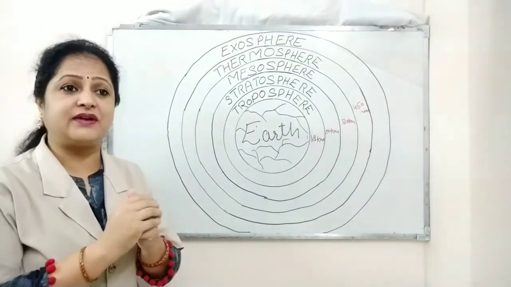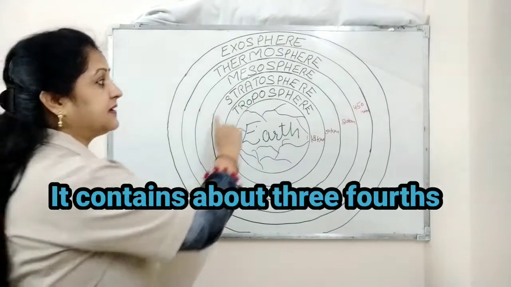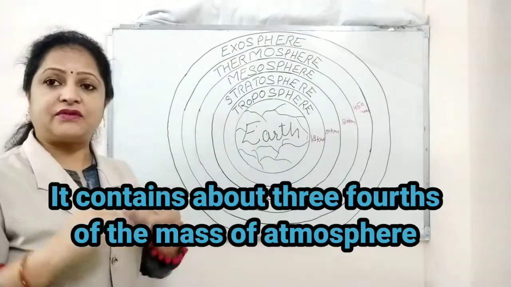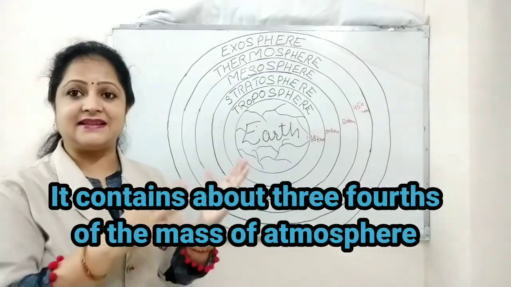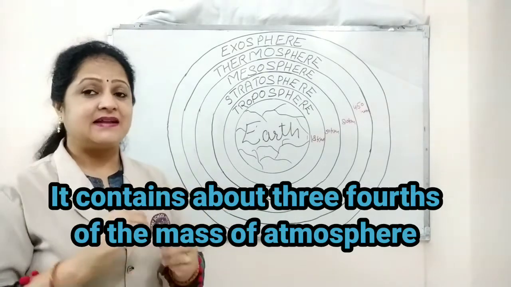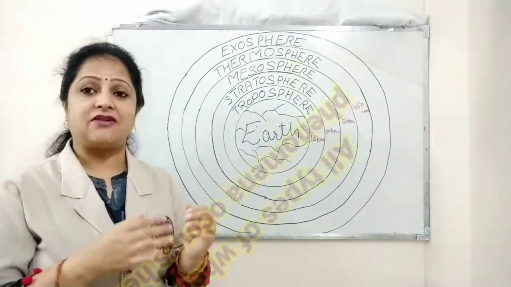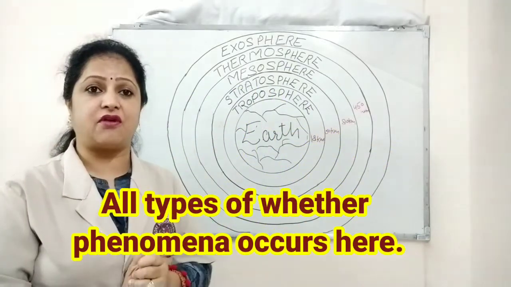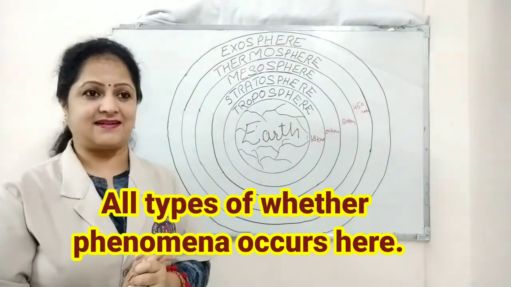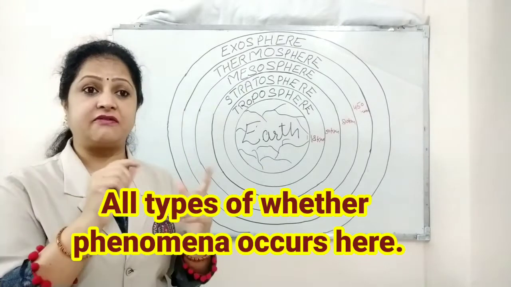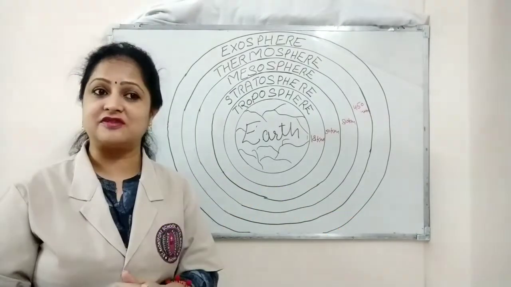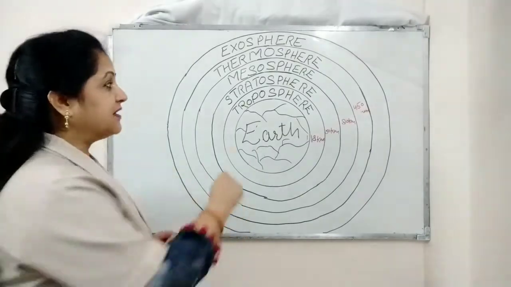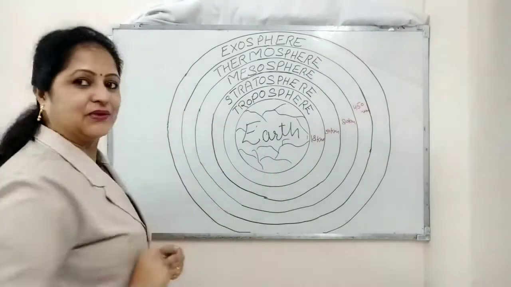The second point is that about 3/4 of the total atmosphere is contained in this layer. Now the next point is that all types of weather phenomena occur here. Most of the water vapor, clouds and dust particles of the atmosphere are found in this layer only.